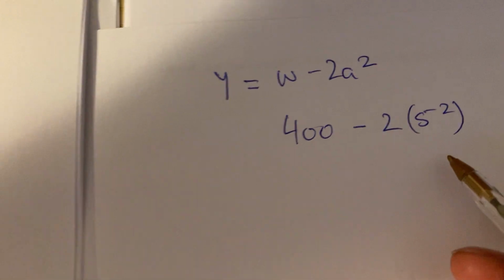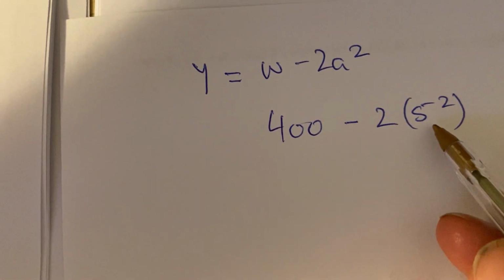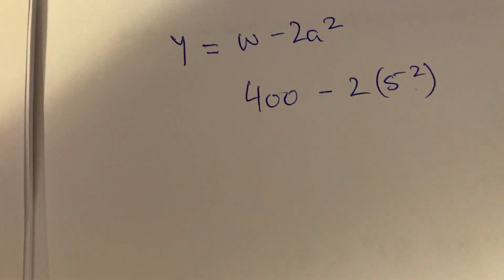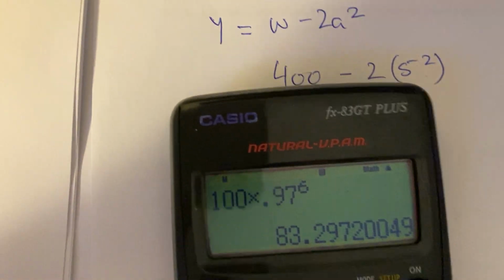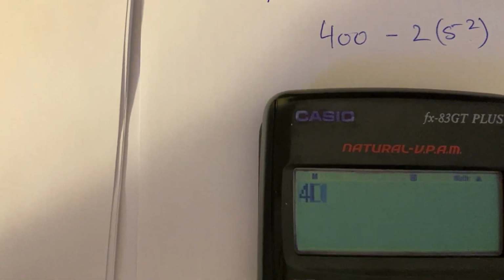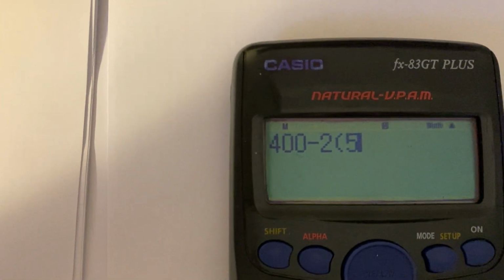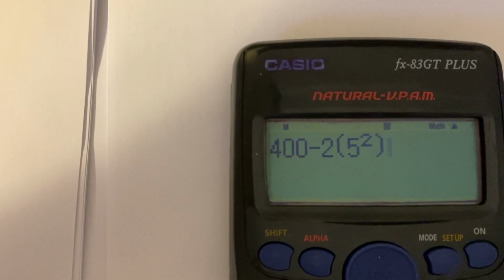So you need to view it like this. Put the 5 in, it's 2 lots of it. So you could use a calculator, give them a calculator exam. So what I would do is I'd say 400 minus 2, open bracket, 5 squared, close bracket, equals 350. There you go.